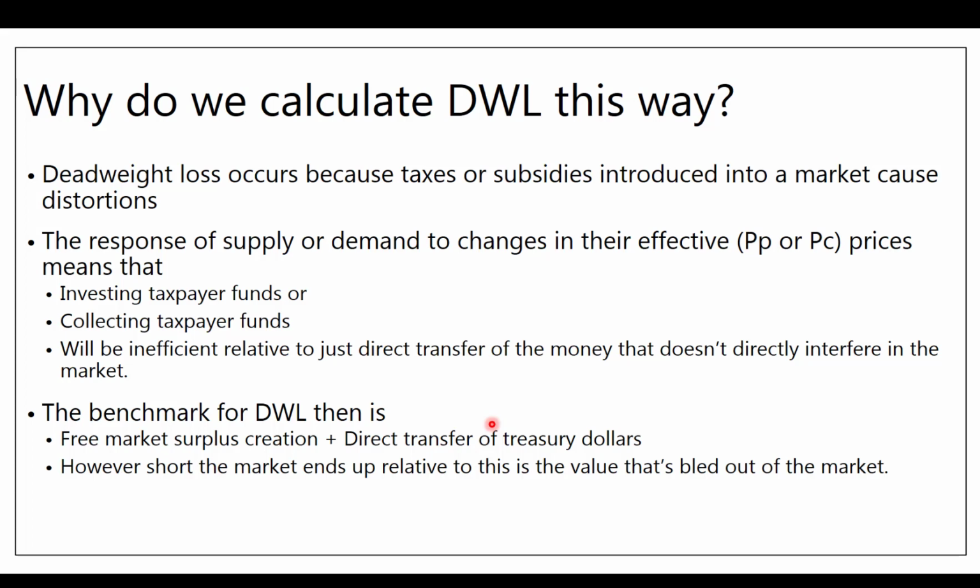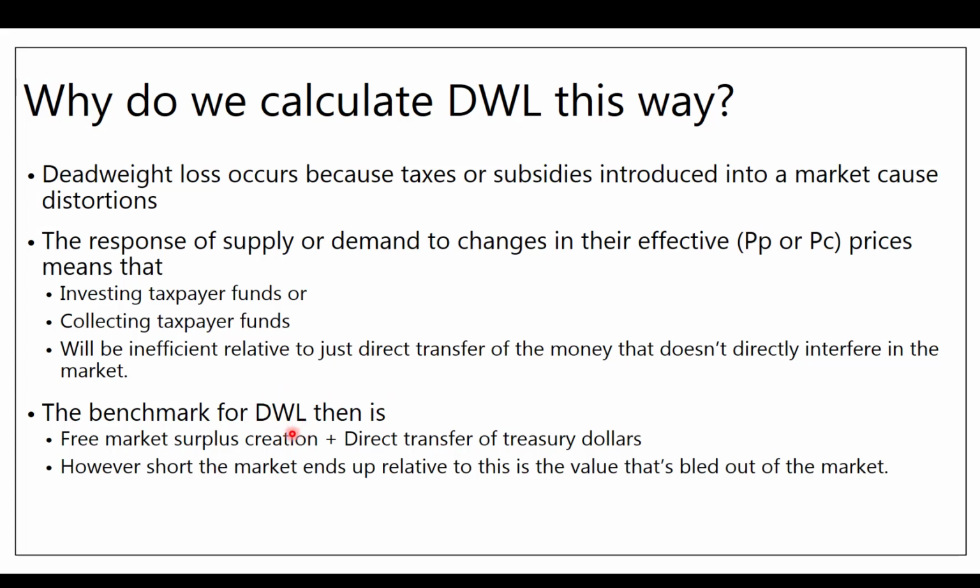So if you are investing taxpayer funds into a market, one of the objectives of policy is to boost output in this market. A way to do that is subsidizing. So that's an investment of taxpayer funds for some public objective of raising output. To do that on behalf of the taxpayer, we want to think about what is the best way of doing that.